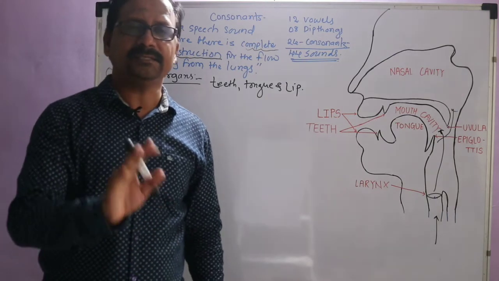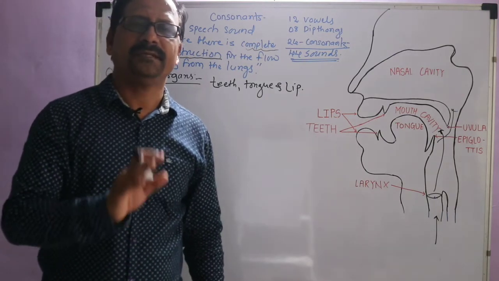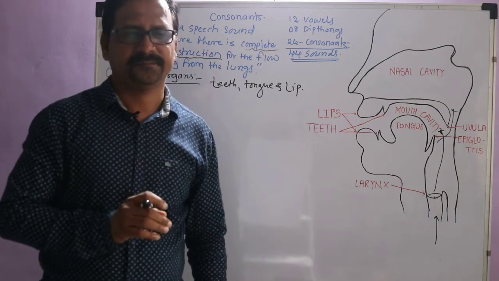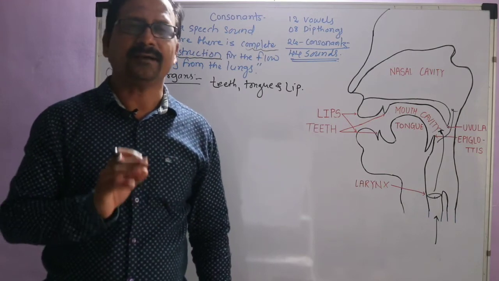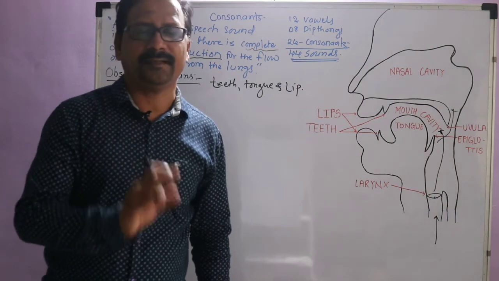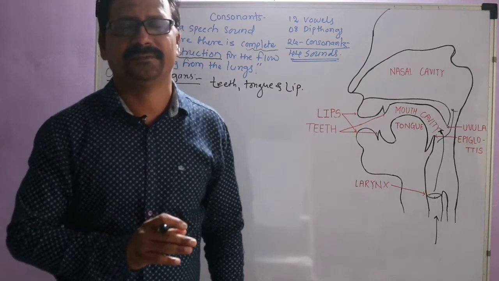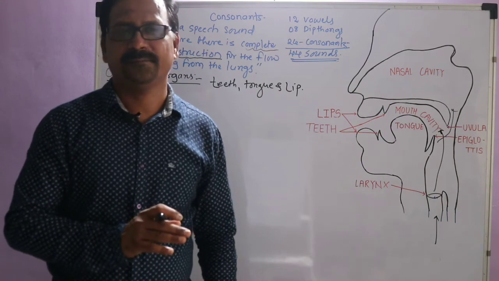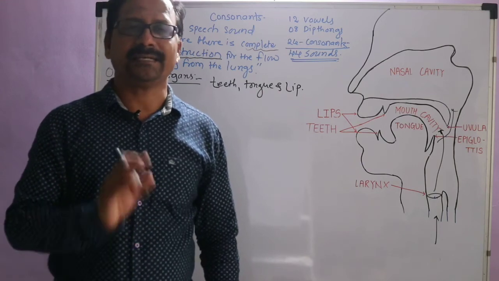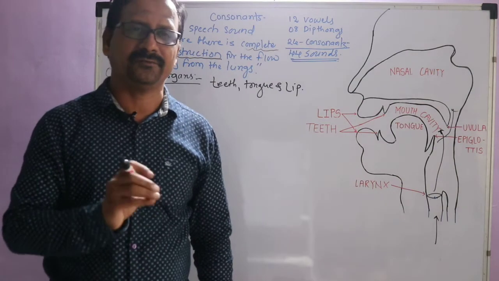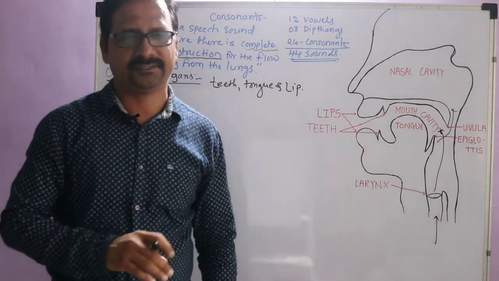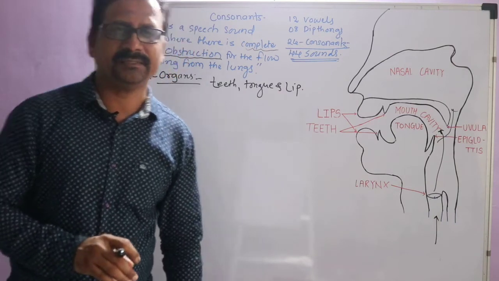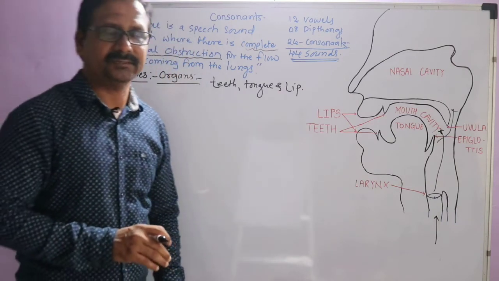They always disturb the air when there is a production of a consonant sound. Actually, the tongue plays a very active role when there is the production of a consonant sound. Even more than that, I can say that the tongue always plays an active role in the production of either vowels, diphthongs or consonants. So the important part of these organs is the tongue.